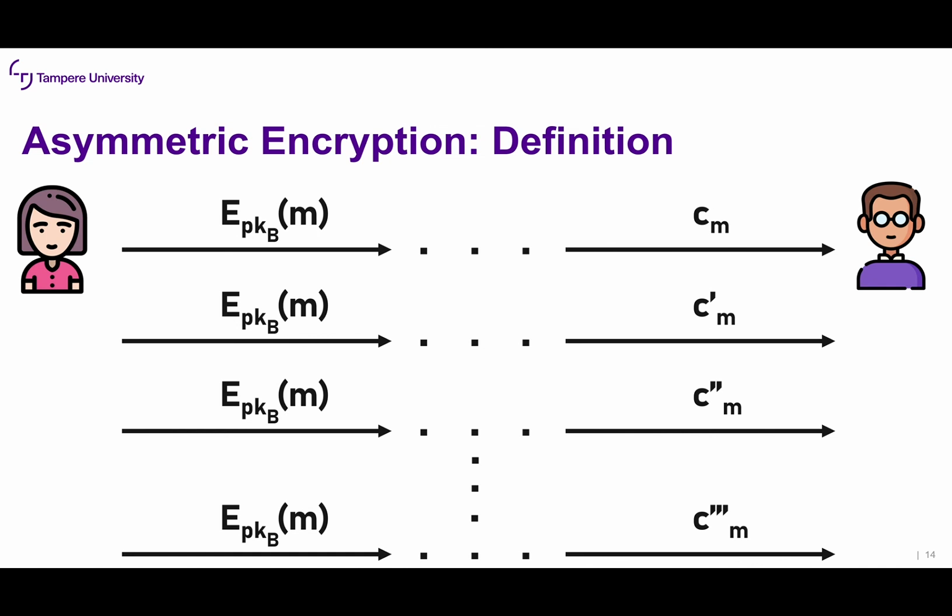This is important because in symmetric encryption, if Eve is looking at the exchanged messages and Alice is always, for example, sending the same encrypted message to Bob, then Eve can understand that Alice sent the same message twice or something like that.